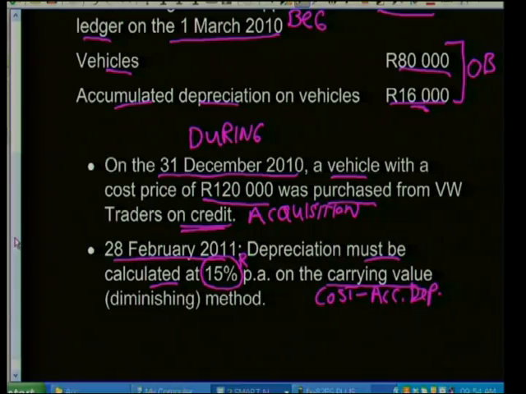Right, my next transaction on the 28th of February 2011. So immediately I know this is obviously now at the end of the financial year. Depreciation must be calculated at 15% per annum on the carrying value method or the diminishing value method.